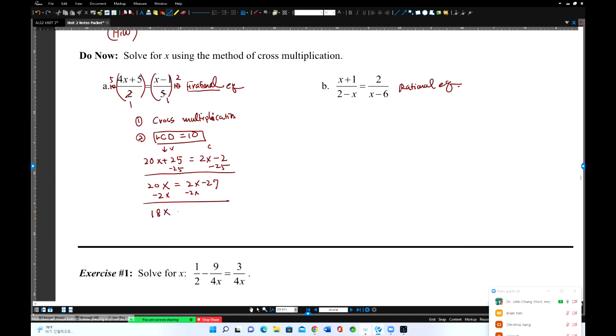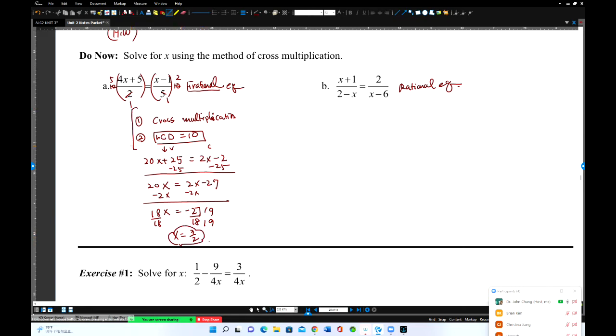That equals 18x on your left, and on the right side, negative 27. After that, you can divide by 18, or divide by 9 and 9, okay? So x equals negative 3 over 2. The solution is negative 3 over 2. That's the solution, okay?